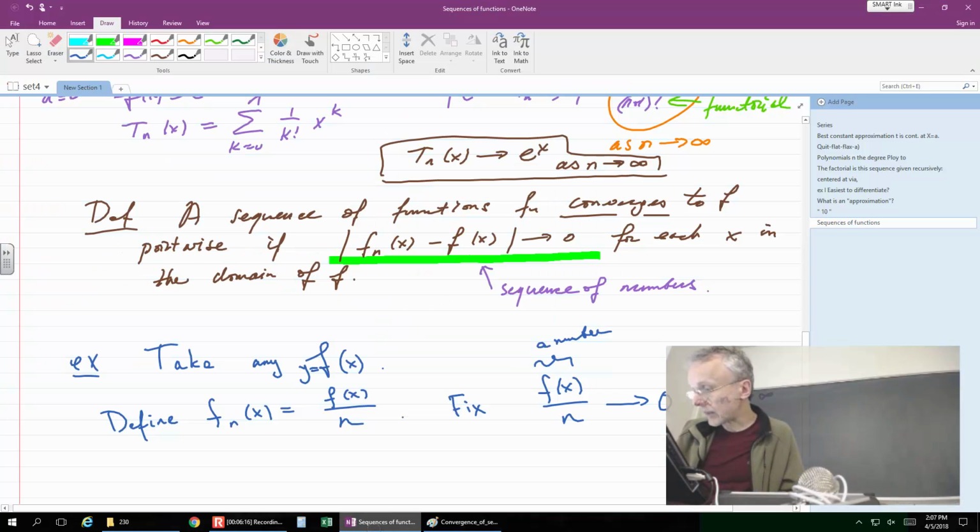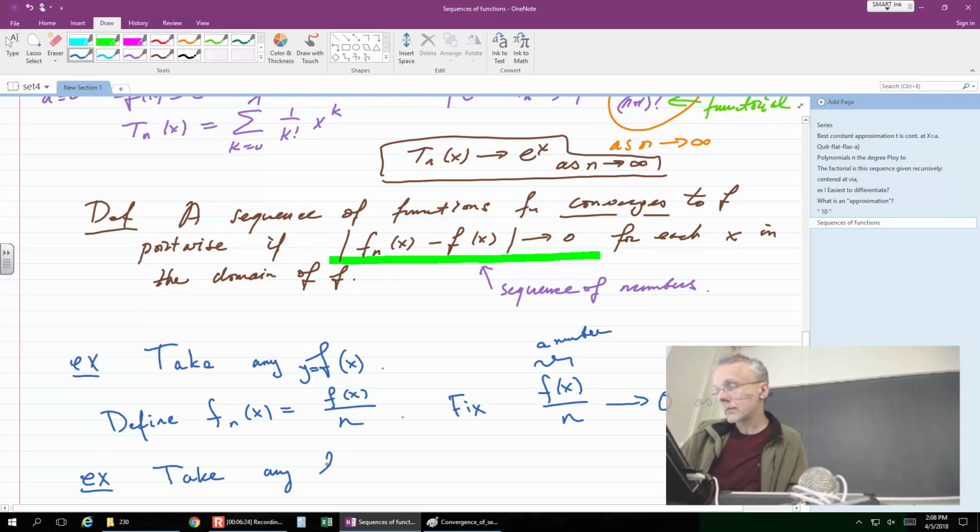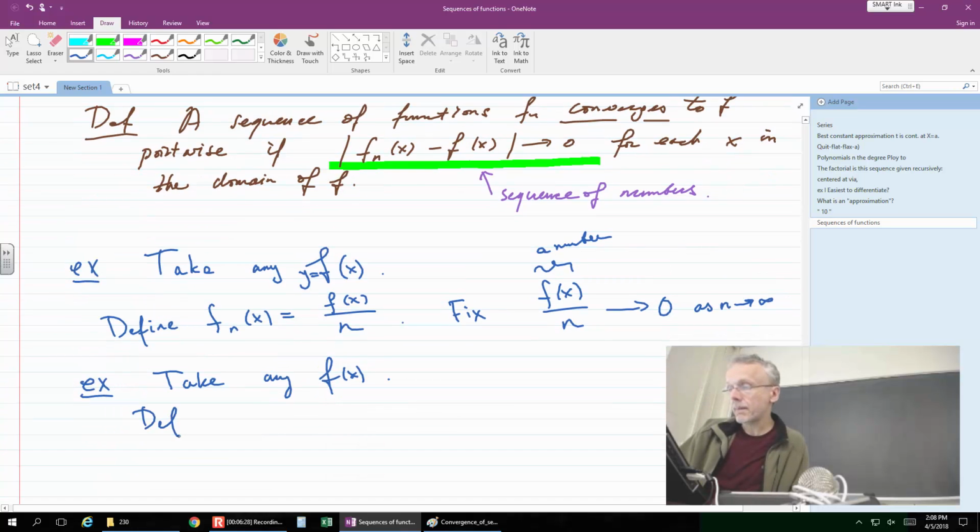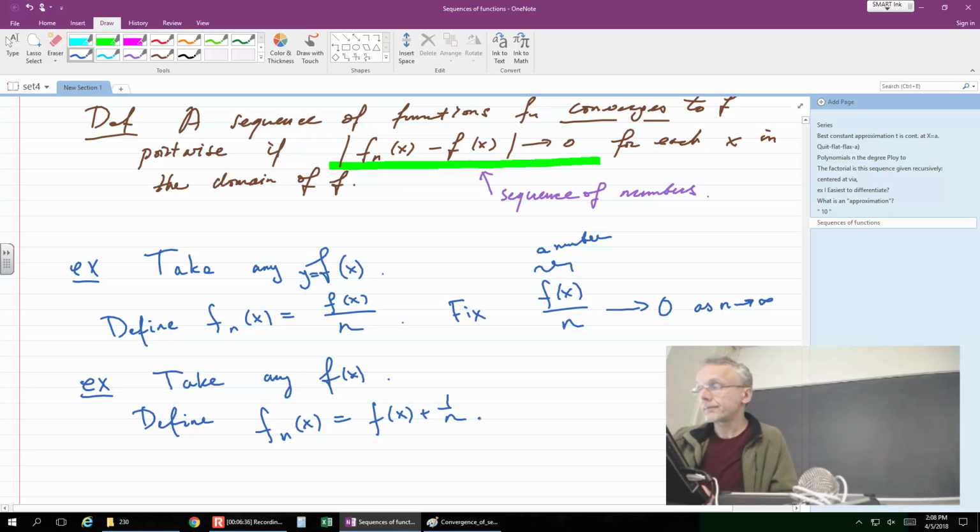On the other hand, here's another example. Once again, take any f of x, and then define a sequence f_n of x equal to f of x plus 1 over n. Now fix x, and I have f of x plus 1 over n.